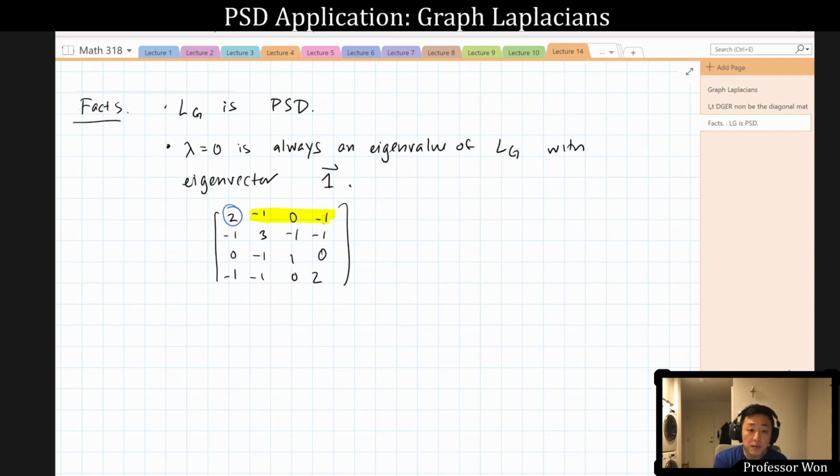So it should come as no surprise that this row should sum to 0, right? Because we have a -1 for every single edge, but then also for every single edge, we added it up to get the degree. So this diagonal entry counts up the number of -1s there are, and so every row of L_G sums to 0 by construction.